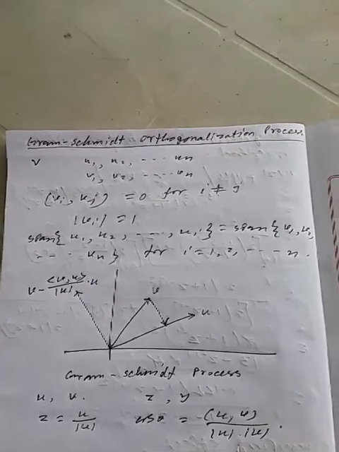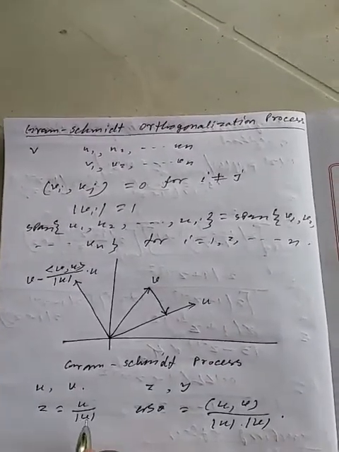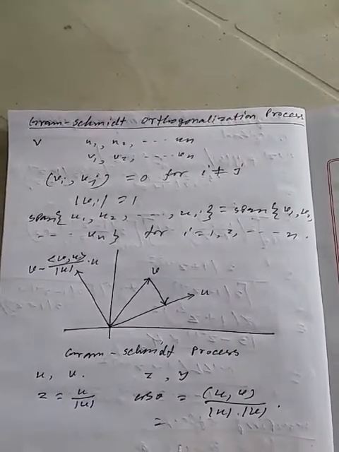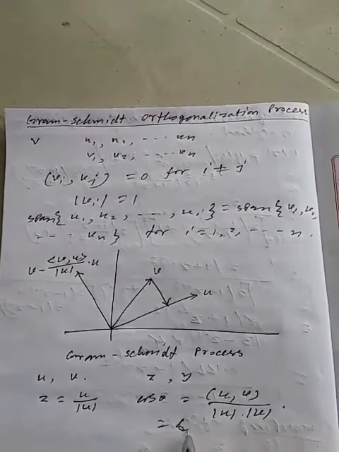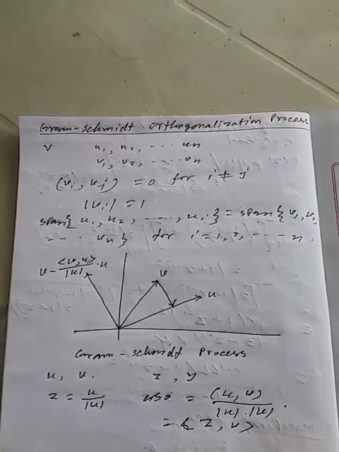Again, cos theta can be written this way as the inner product of z and v.